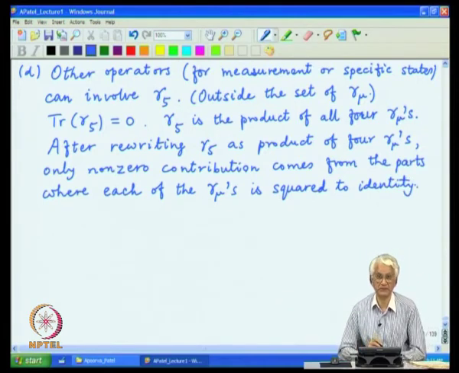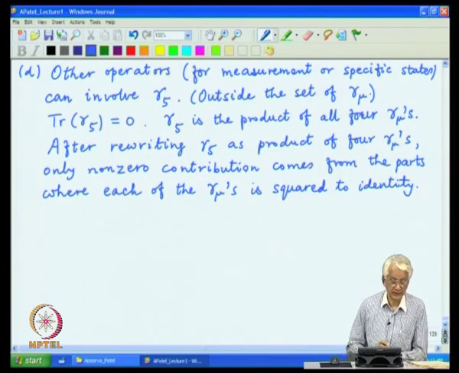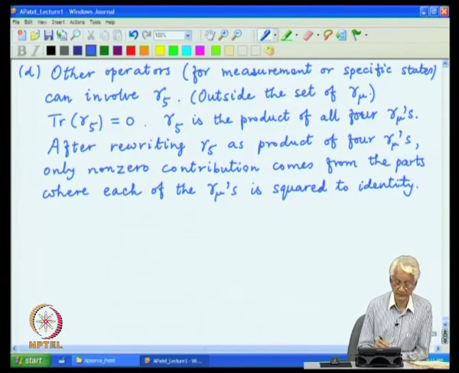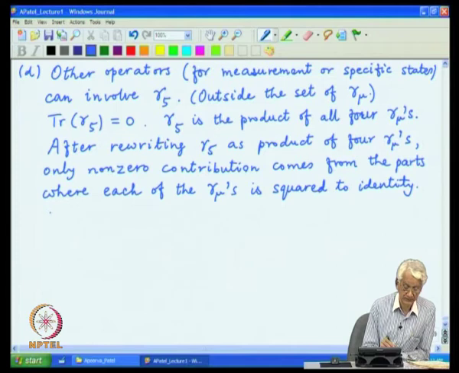This is a simple consequence of the fact that out of the whole basis of gamma matrices, the only one with a non-zero trace is the identity matrix. Any other product of gamma matrices, they all have 0 trace, and so one can now write down various relevant facts here.